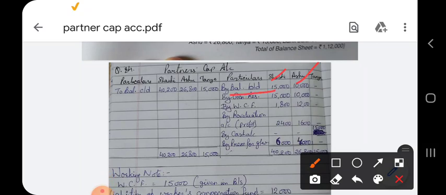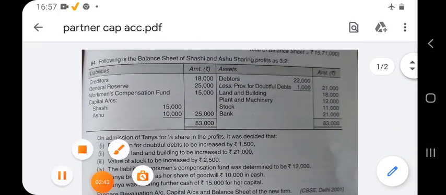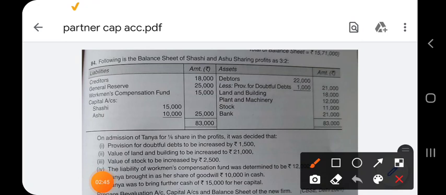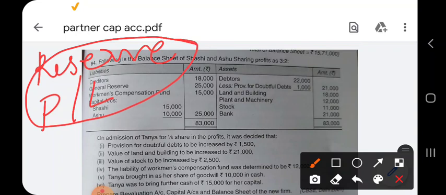Now the next thing you will do: in the balance sheet you will see if any reserve is given, or any profit and loss is given. If these are given, you will transfer the amount of reserves and profit and loss to partners capital account.